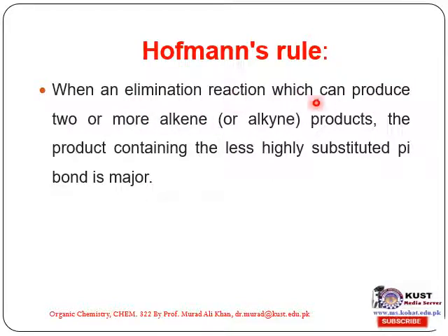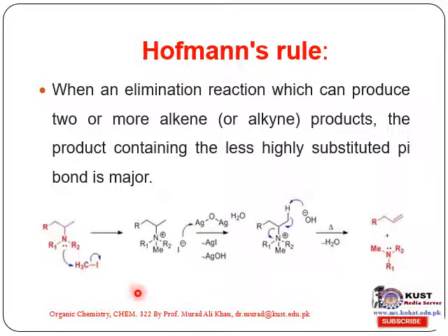When an elimination reaction can produce two or more alkene or alkyne products, the product containing the less highly substituted pi bond is the major one. Here, this one will be the major product. And this is the mechanism of this reaction.